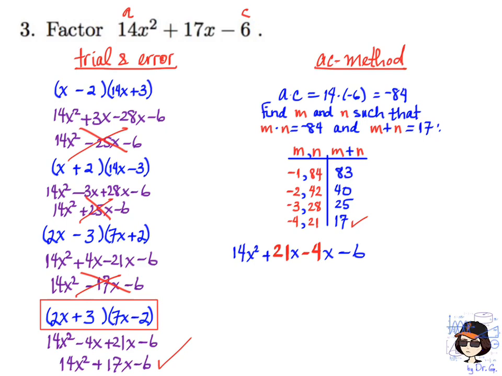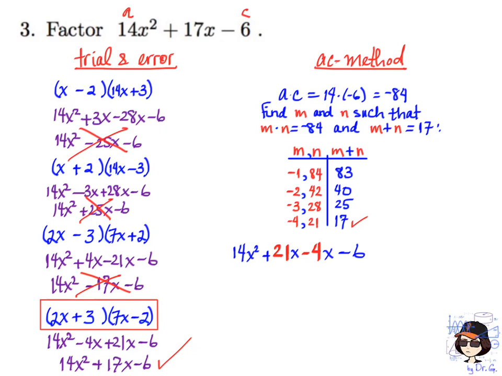I took the two numbers, 21 and negative 4, and I used those two numbers to rewrite positive 17. I could have written it in a different order. I could have written 14x squared minus 4x plus 21x minus 6, and that would also work. So it doesn't really matter which order you write them in.